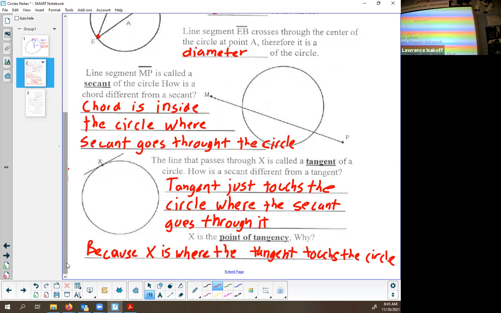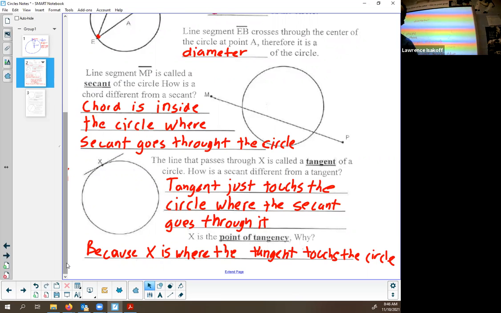Now, I know some of this vocabulary was very familiar to you. I know some of this vocabulary was a little newer. Are there any terms right now that we need clarification on? Let's run through those terms. So our terms are the radius of the circle. Radius goes center to the edge. We have diameter. That goes edge to edge, passing through the center.